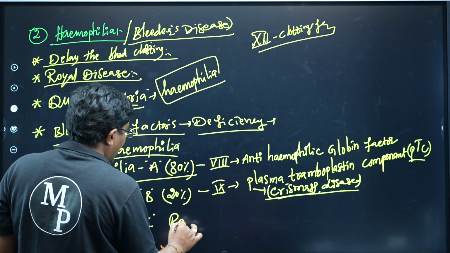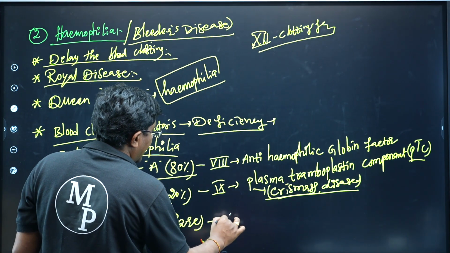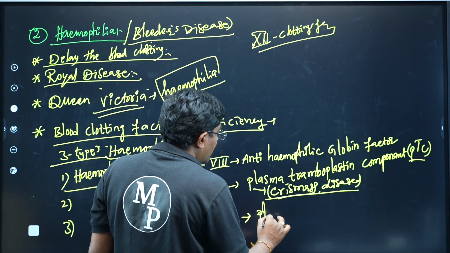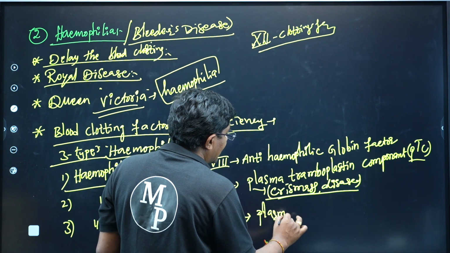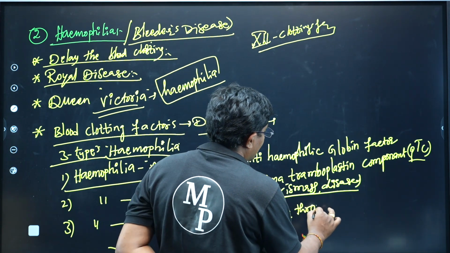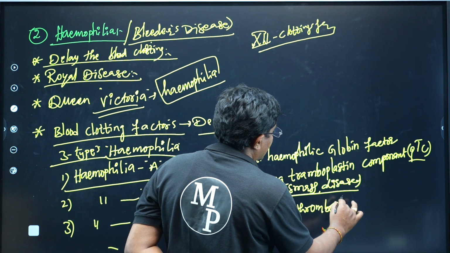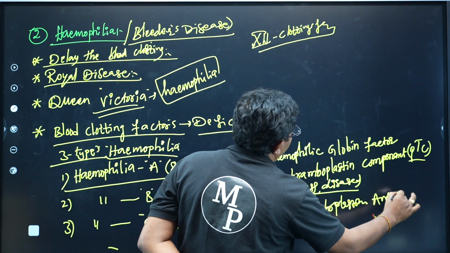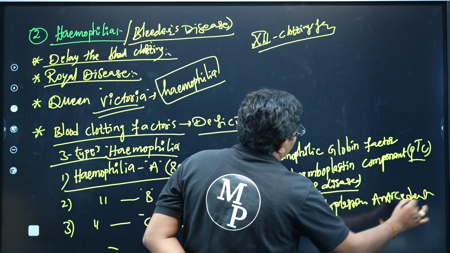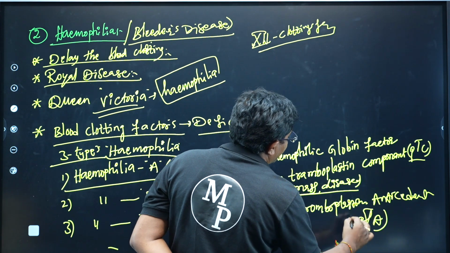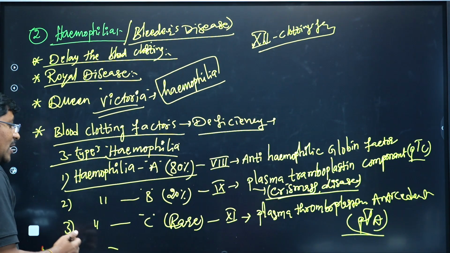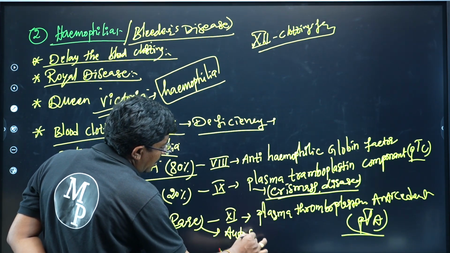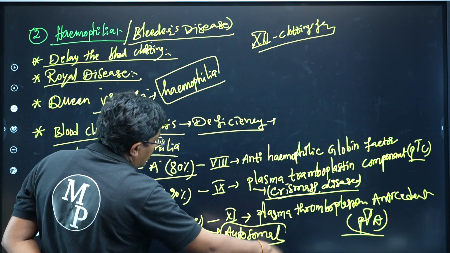It is a very rare disease. It is the deficiency of the 11th clotting factor, that is plasma thromboplastin antecedent. Hemophilia C is an autosomal disease.